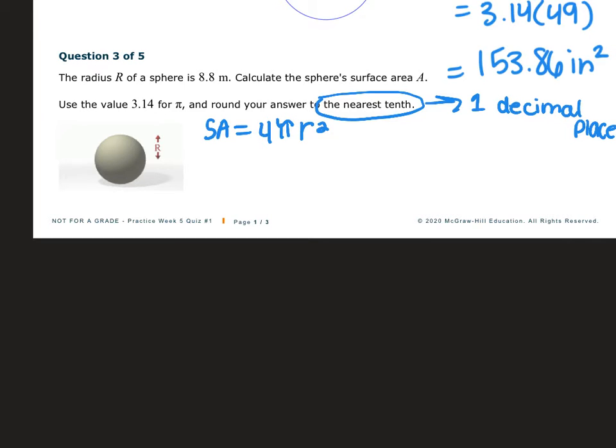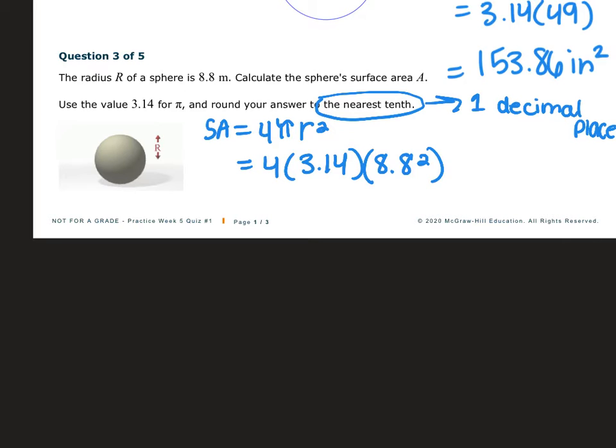That's for a sphere, at least. All of these formulas are different for surface area and volume, and area for different shapes. For the sphere, this is what we have, and now I'm just going to plug in what I need to. 4, we're going to use 3.14 for pi, and then my radius squared, so 8.8 squared.